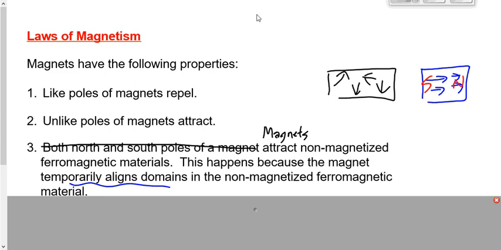Those blue domains cause these black domains to temporarily align like this, which causes a polarity like this, which causes a force of attraction. So in a similar way that charged objects caused a temporary separation of charge in neutral objects, magnets cause a temporary alignment of domains in non-magnetized objects. In both cases, we get a force of attraction there.